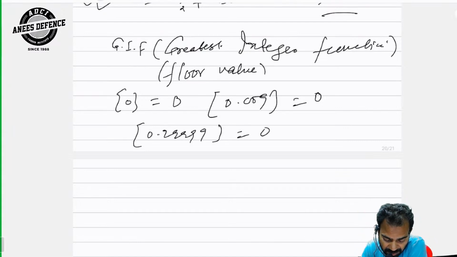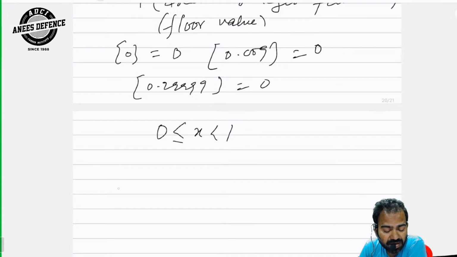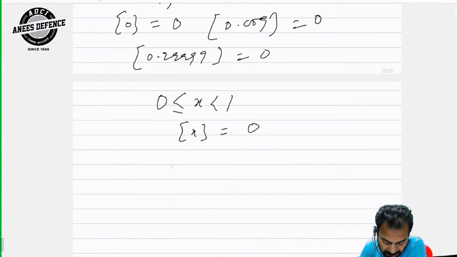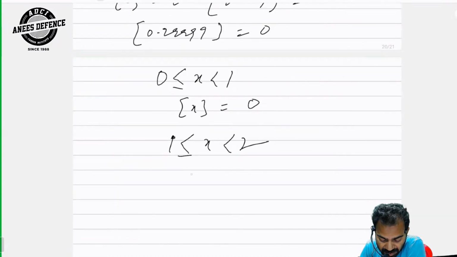So if x lies between 0 to 1, the floor is 0. Greatest integer of x is 0. Suppose that x lies from 1 to 2, 1 included, 2 excluded. Get it. Floor is 1.